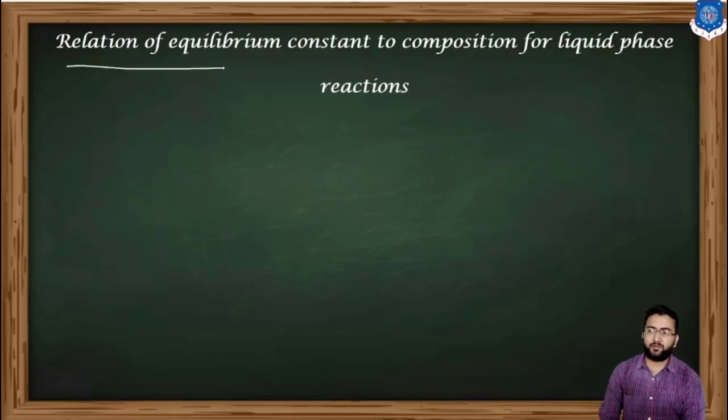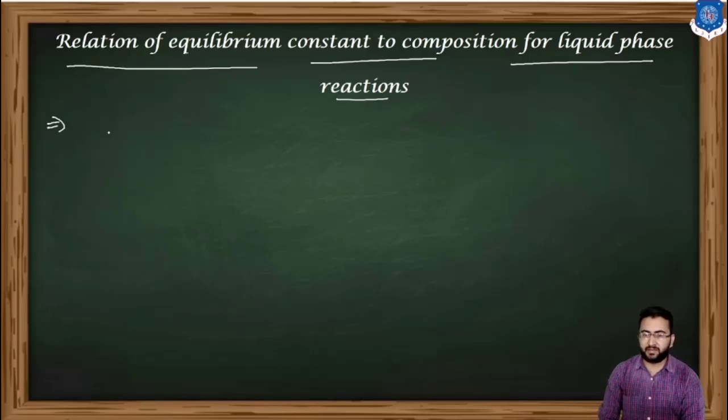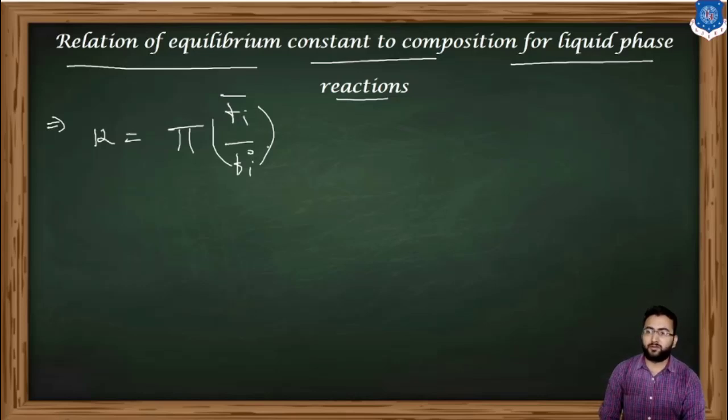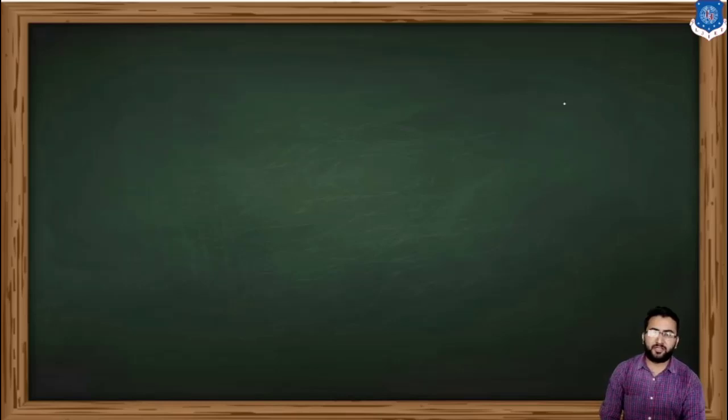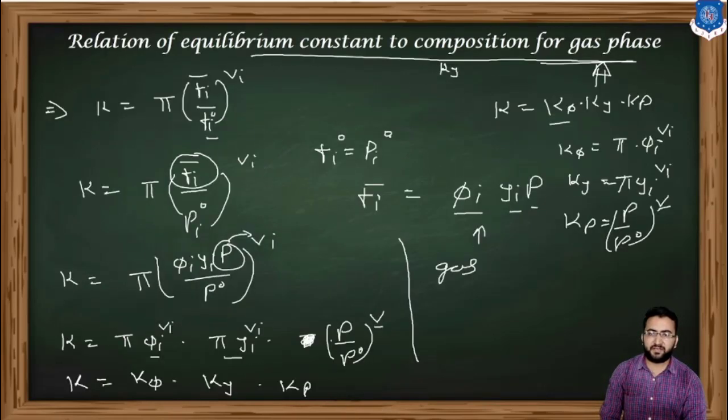Now let's discuss the relation of the equilibrium constant to composition for a liquid phase reaction. To understand this, let's again consider the equilibrium constant equal to pi of Fi bar upon Fi naught. We put in the value of Fi bar as we did for the gas phase reaction. In the gas phase, Fi bar is represented by phi I YIP, whereas for the liquid phase it is represented by gamma I Xi Fi naught.